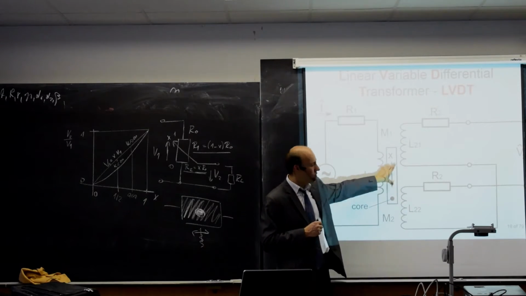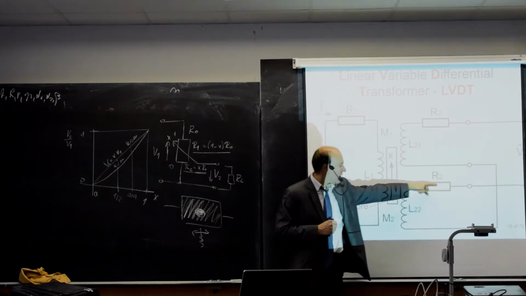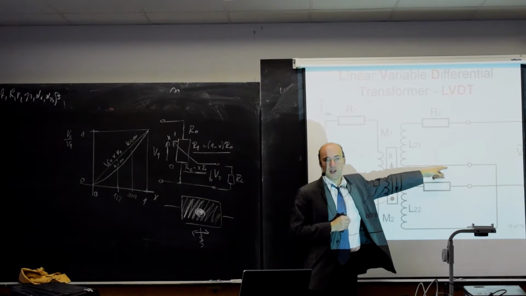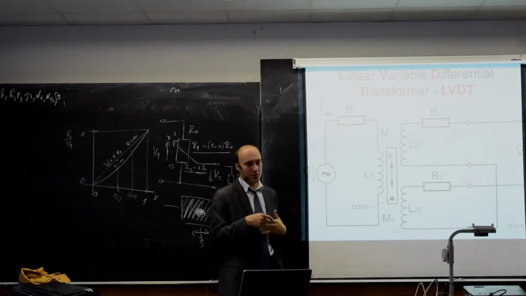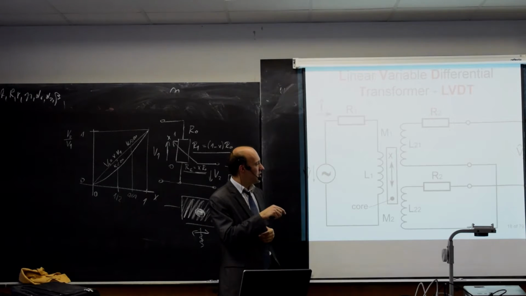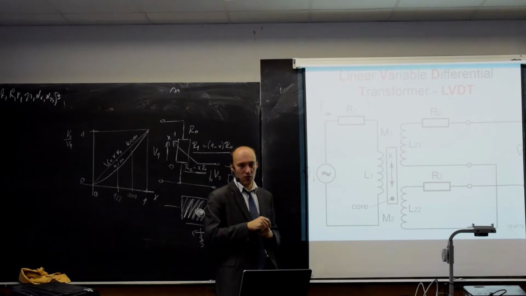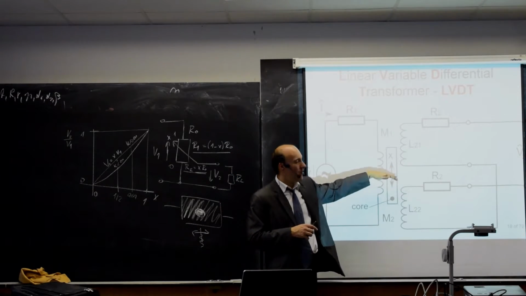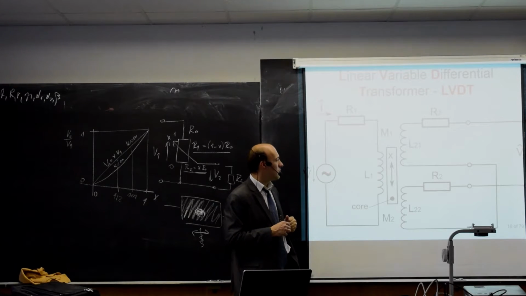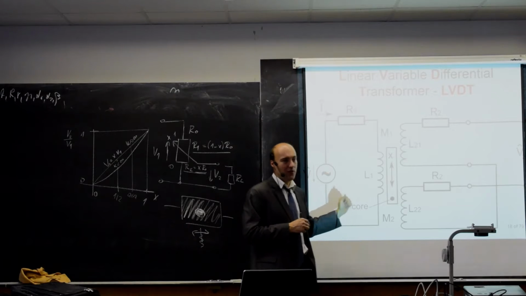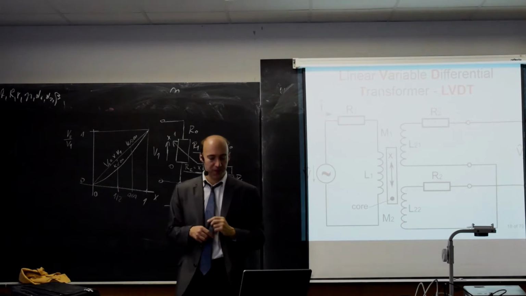Here, if the core is in the middle, I have this terminal going out, and this terminal is connected to this terminal. So it's kind of two batteries connected in series. The output voltage when the core is in the middle will be almost zero. So when the core is in the central position, I will have a very small voltage at the output. And then when the core is moving up and down, I will be able to measure some voltage.